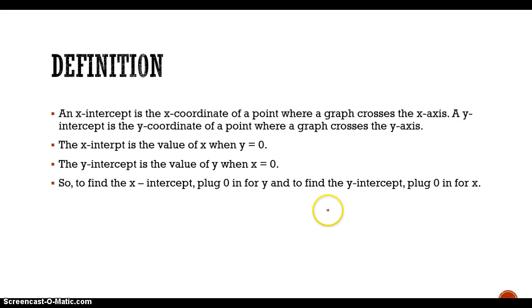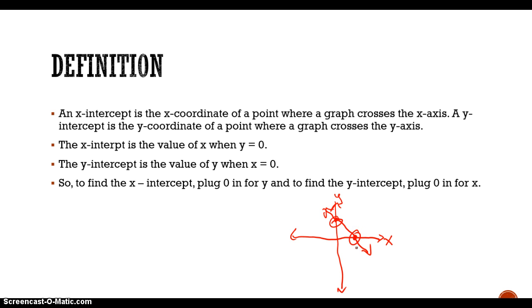So to give you a visual, here's our coordinate plane. We know that this is the x-axis and we know that this is the y-axis. So the x-intercept is where that line crosses through the x-axis, and the y-intercept is where that line crosses through the y-axis. So we have this line. Here's my y-intercept.